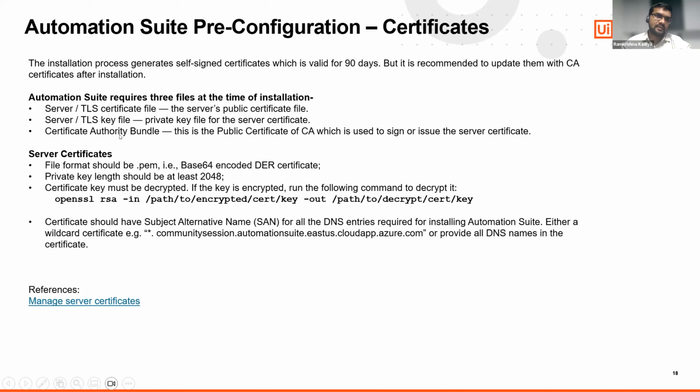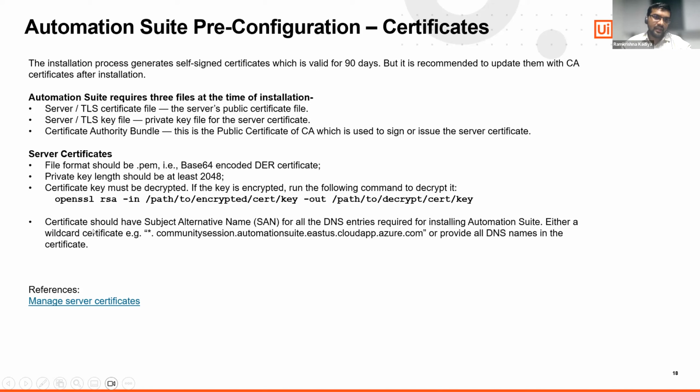Next is the certificate authority bundle, which is the public certificate of the CA used to sign or issue the server certificate. Regarding our server certificate, the file format should be .pem, which is basically an encoded DER certificate, and the private key length should be at least 2048. Okay, and the certificate key must be decrypted, and if it is encrypted, then below is the command to decrypt it.